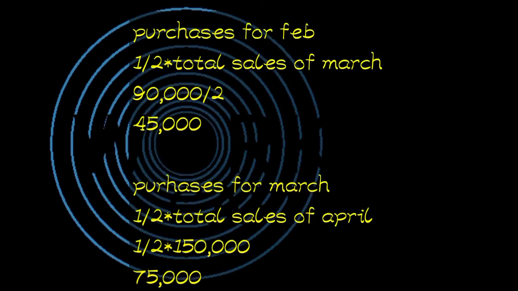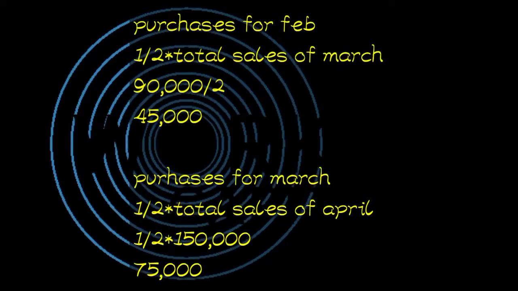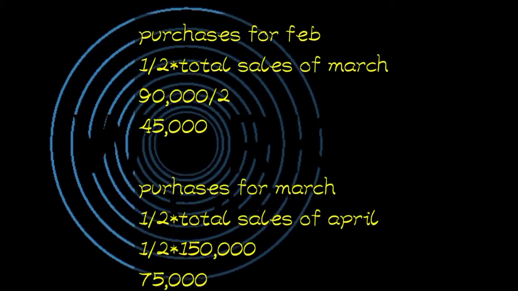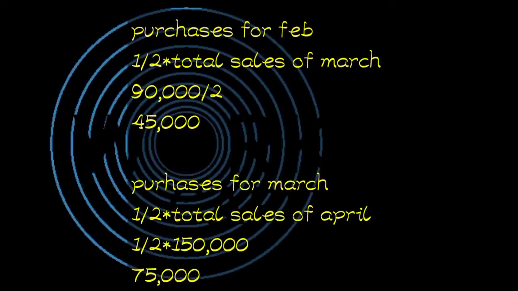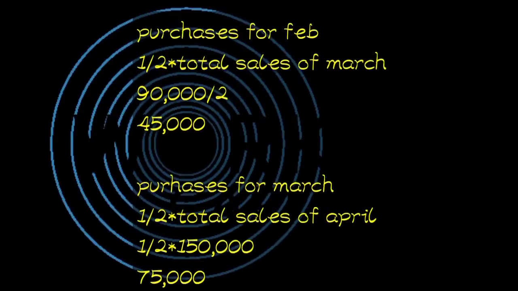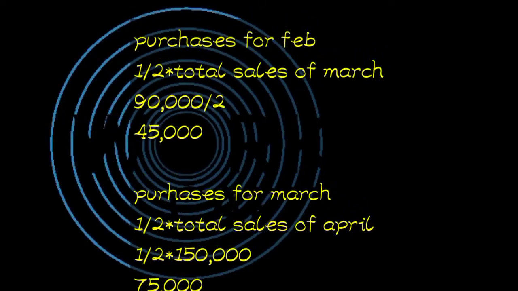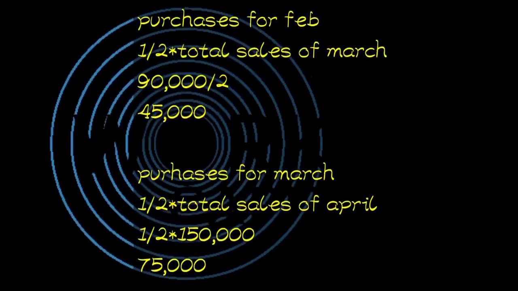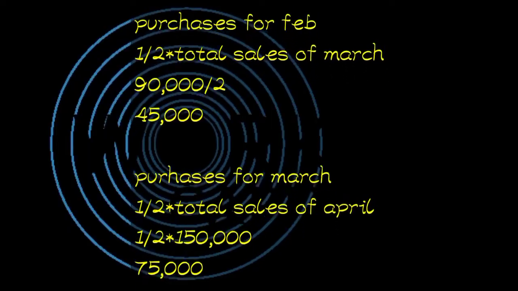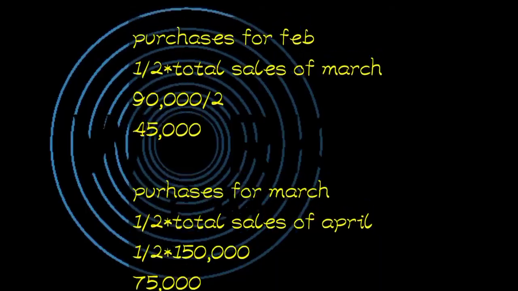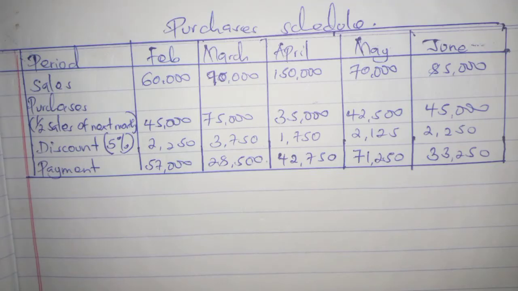Therefore, we shall get 90,000 divided by 2, we get 45,000. And for March, we shall get 150,000 divided by 2, we get 75,000. And we shall do the same thing for all the months in order for us to get purchases.